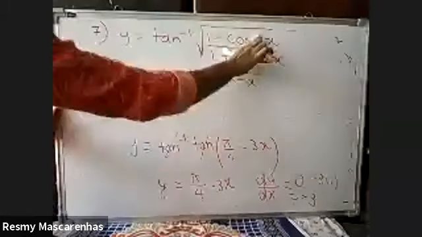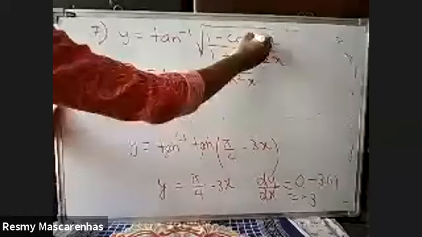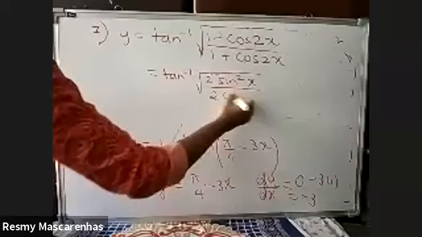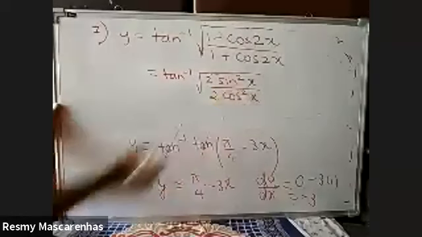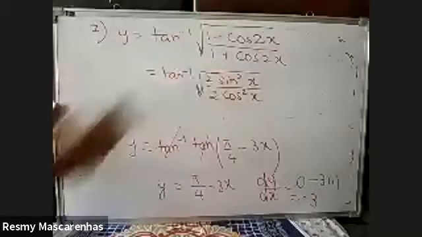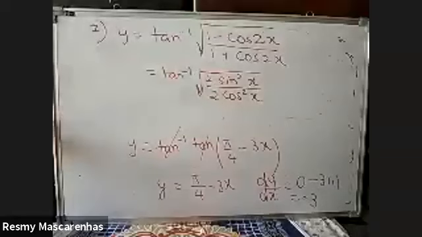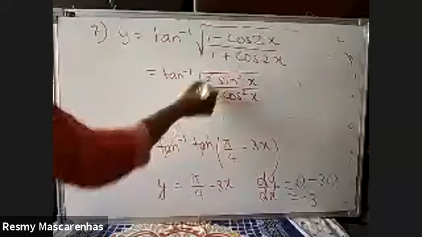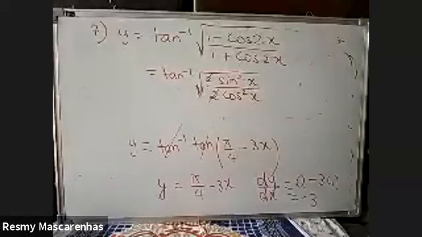If this was only x, it would become x by 2. This is double already. And this will be 2 cos square x. And now cancel and simplify. So 2 and 2 will cancel, and sine square x upon cos square x will be tan square x. And then if you take the root, square will go and it will be a single tan of x.